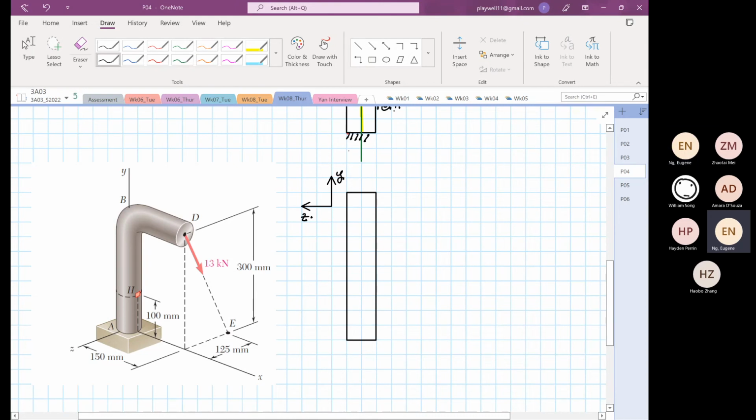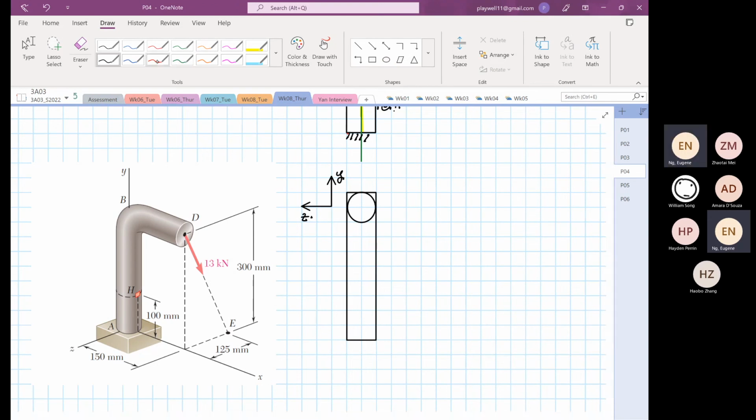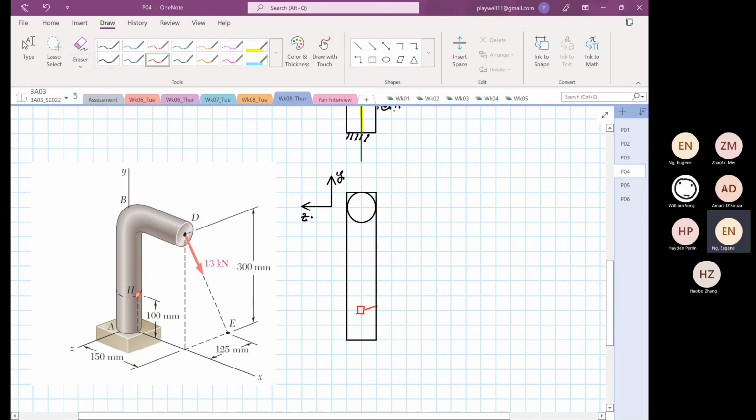Then you have the cross-section center looking like this. Then we put in our element H. And then we put in our neutral axis.